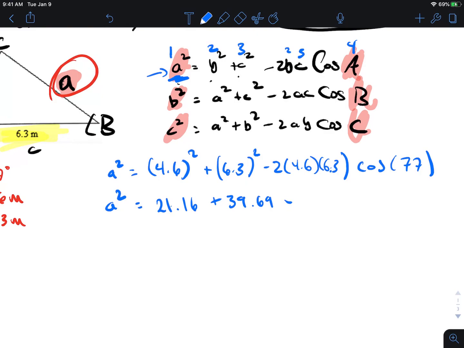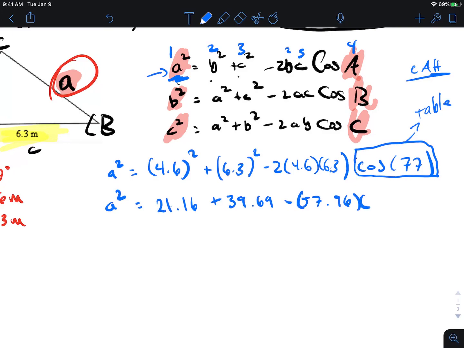That gives 57.96, and that's attached to the cosine. What's the cosine of 77? Go to your table. You're under the cosine column. You're going to go find 77 degrees and then read the decimal off. 0.2250. So it's 57.96, and this is attached with multiplication.